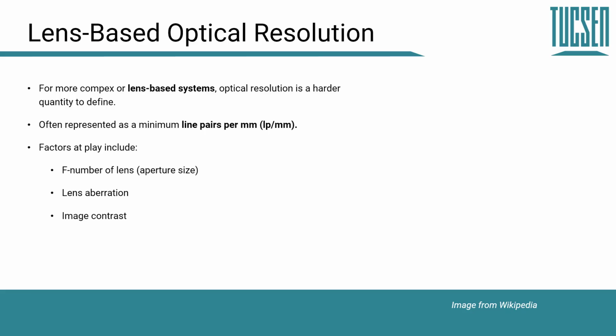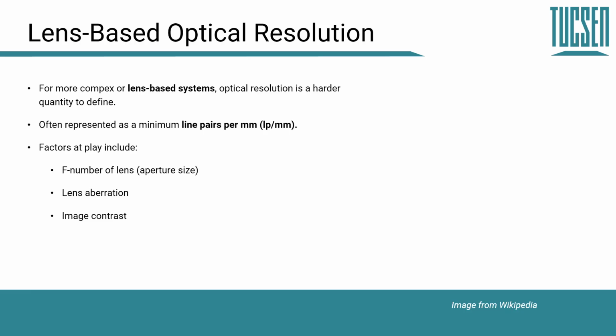And there's multiple factors that will come into play here for lenses. First of all, the F number of the lens, which is an analog for the size of the aperture of the lens, which is equivalent to numerical aperture in microscope objectives.